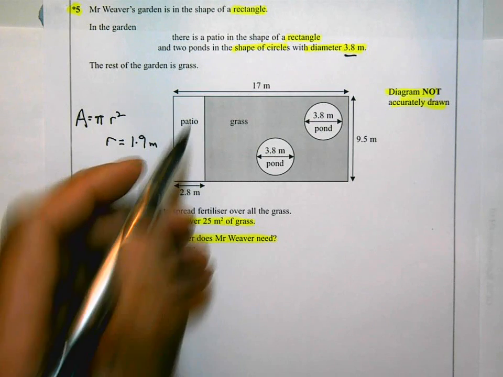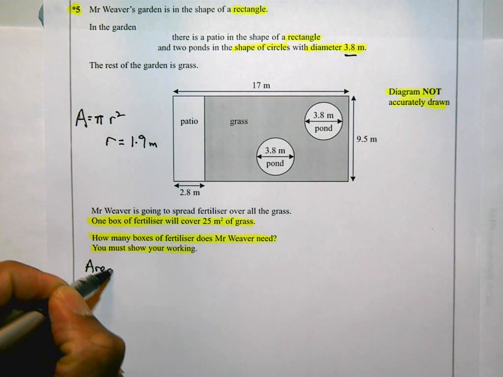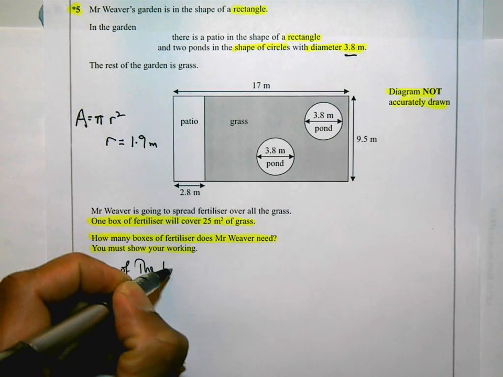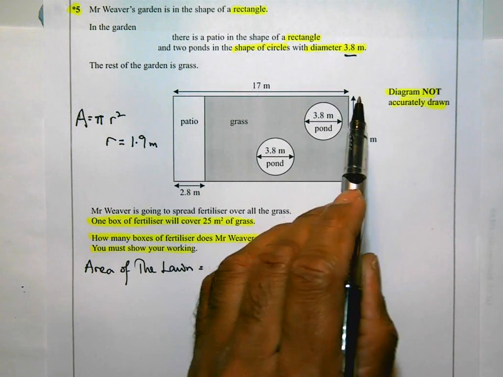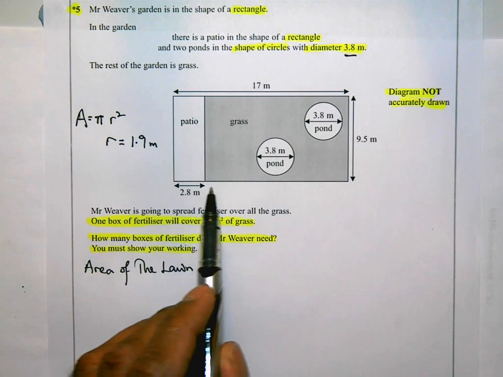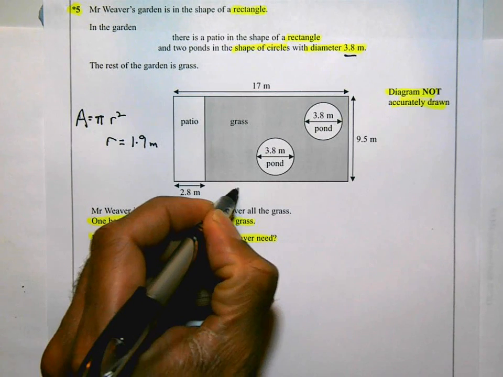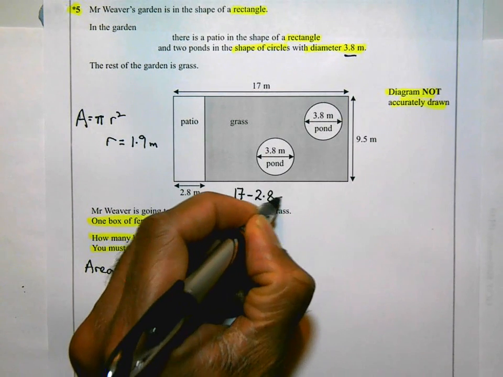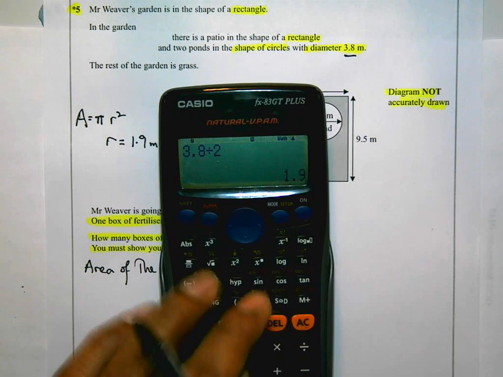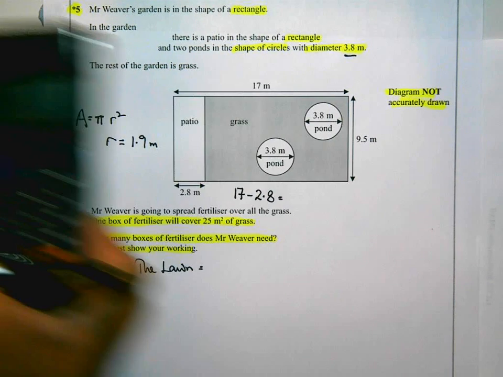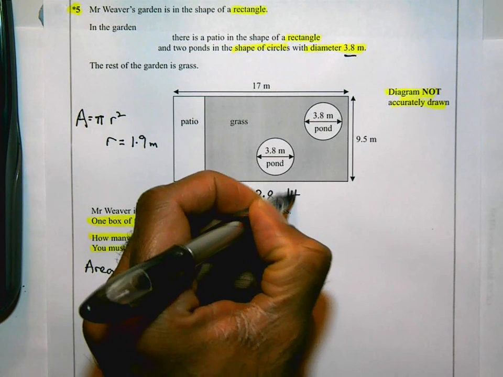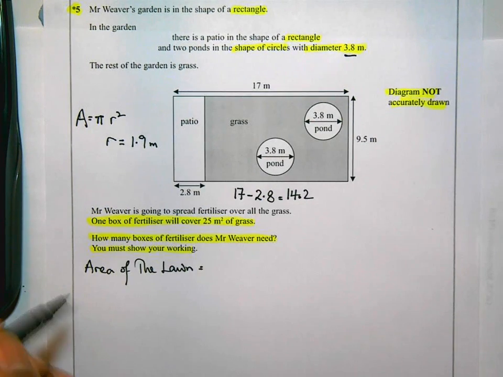Okay, now I need to work out the area of the lawn, not the patio. On the diagram I know that this is 17 meters, and I know that's 2.8 meters, so this distance here is going to be 17 take away 2.8 meters. Although I don't need a calculator for this, I'll just do it here. 17 take away 2.8 equals 14.2. So the area of the lawn is in the shape of a rectangle.